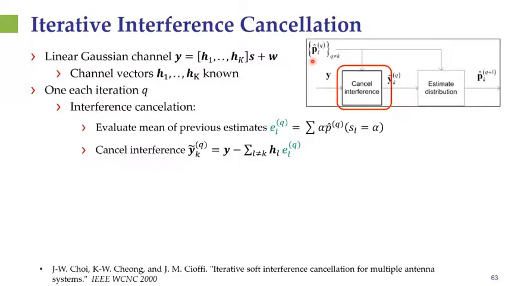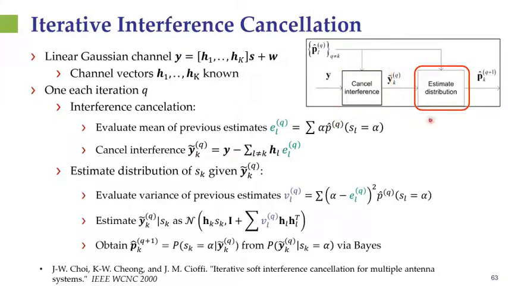In particular, the interference cancellation block, marked here, takes the channel output, provides an estimate of the interference using the mean values, and then just cancels the interference by subtraction, as we see in this expression here. And furthermore, the conditional distribution estimates from the previous iterations are also used to provide an estimate of the soft symbols. How is that done?